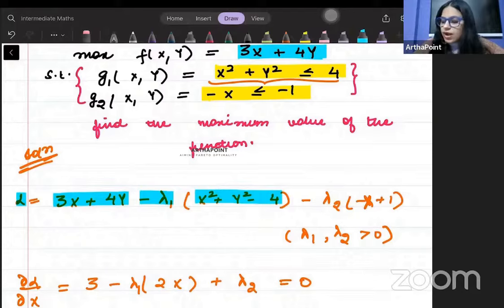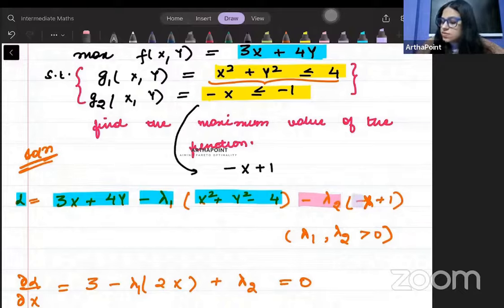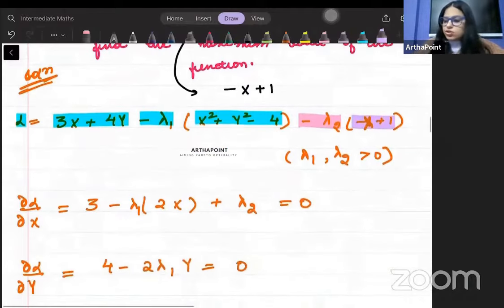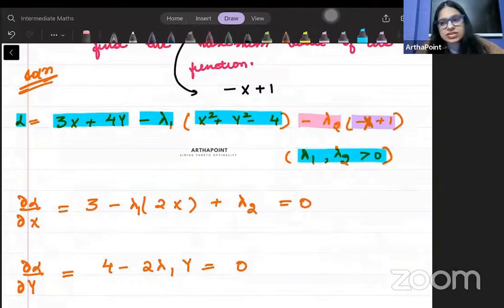Then minus lambda 2, the second multiplier, with the second constraint, minus x plus 1. This is subject to the condition that lambda 1 and lambda 2 should be greater than or equal to 0. They cannot be negative; they have to be non-negative numbers.